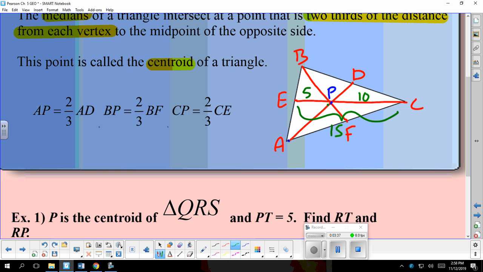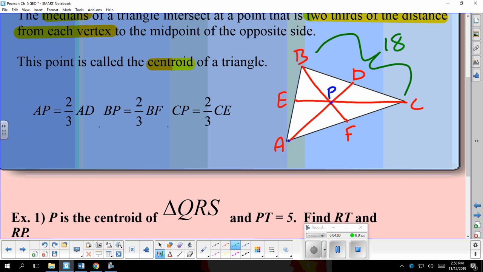And then the last type of problem would be, what if you're given the length of the whole thing is 18? Can I find the length of the sections in between? So they have to be divided into 1/3 and 2/3.